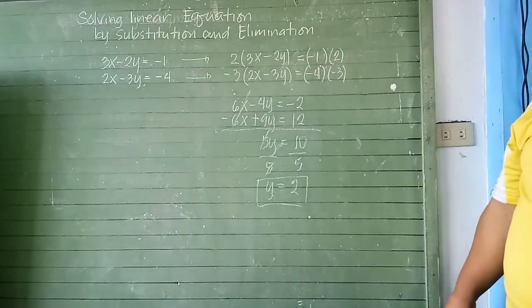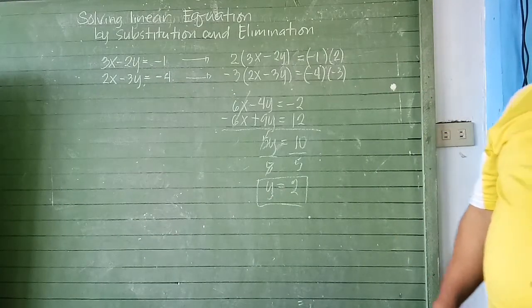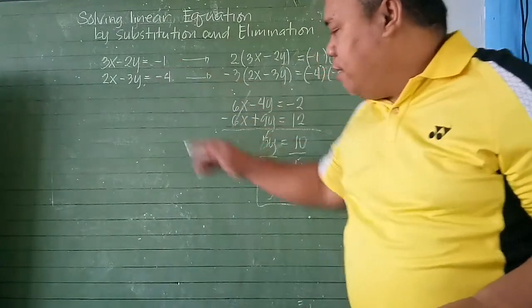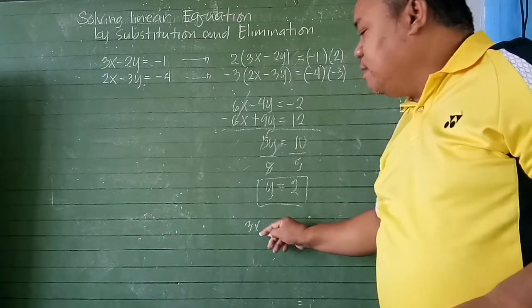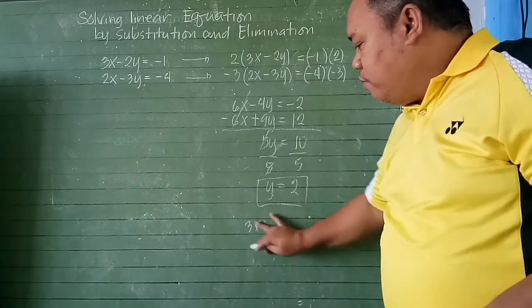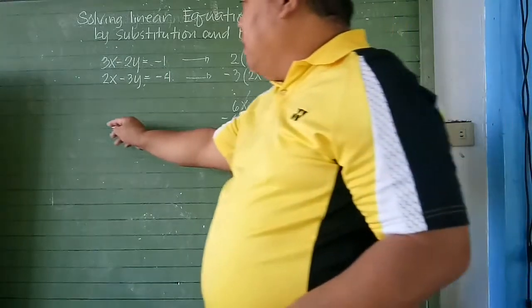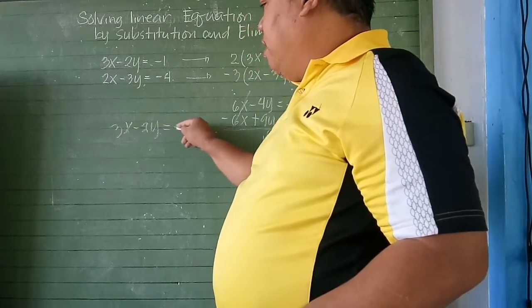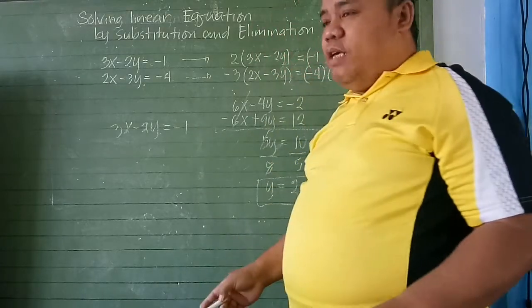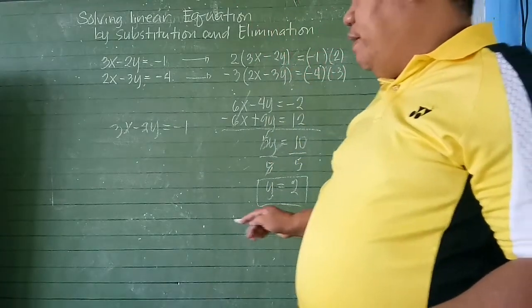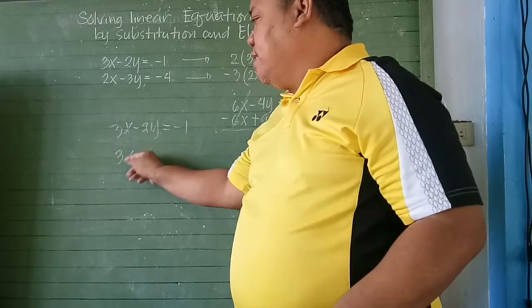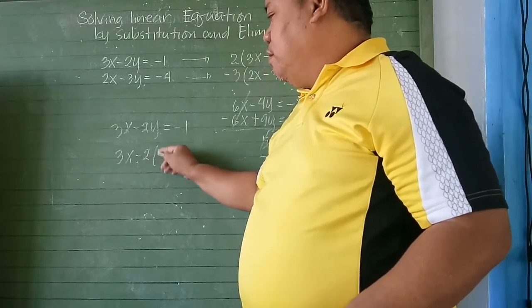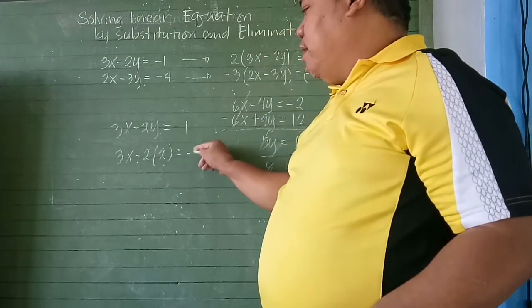After that, we're going to find the value of x using equation number 1. So 3x minus 2y is equal to negative 1. Take note, the value of y is 2, as we saw earlier. So we have 3x minus 2 times 2 is equal to negative 1.